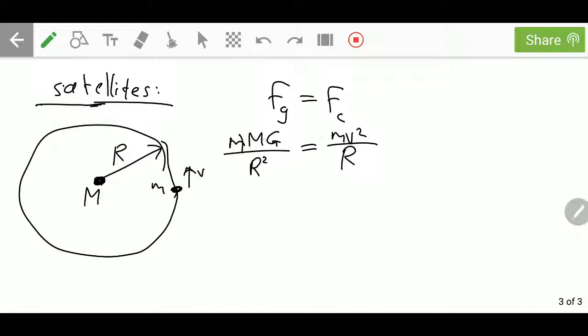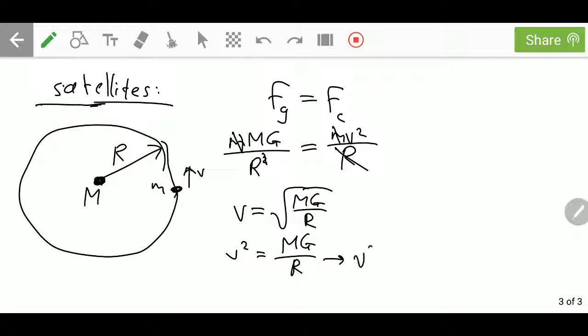From equating these two, we can cancel out one factor of r, and see that v squared is GM over r. And so what that means is that v squared will be proportional to 1 over r for satellites.